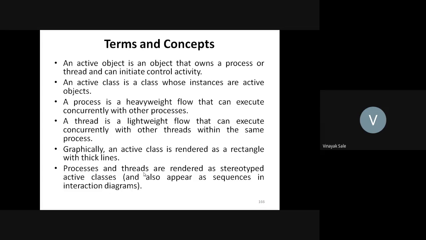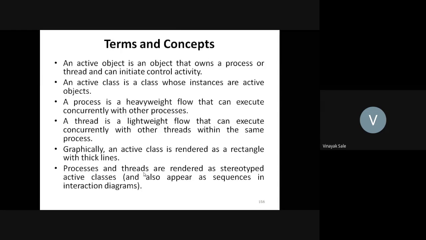So, what are the terms and concepts of processes and threads? An active object is an object that owns a process or thread and can initiate control activity. An active class is a class whose instances are active objects.